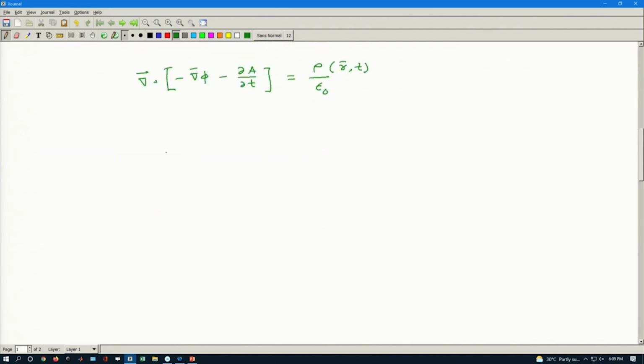So, this is simply minus Laplacian of phi minus del del t of divergence of A. I just put this divergence inside the operator del del t, and on the right hand side I have rho divided by epsilon 0, rho being a function of position and time.